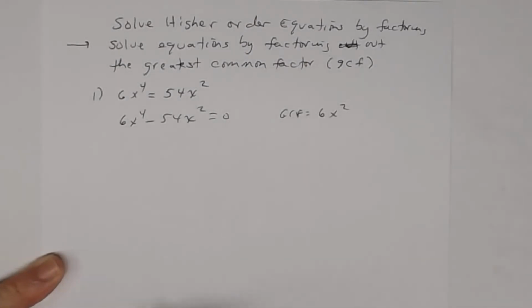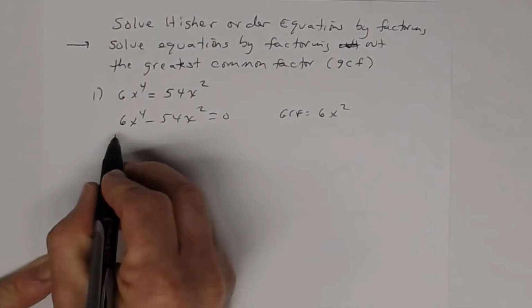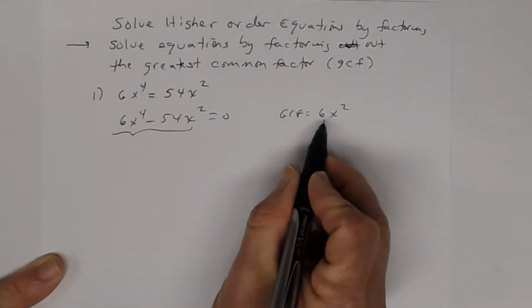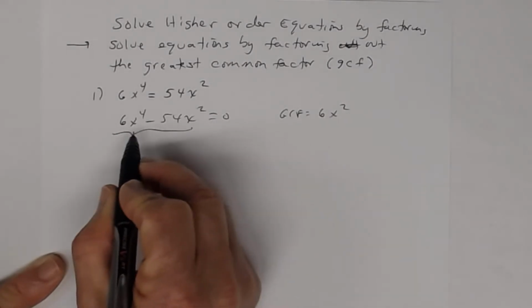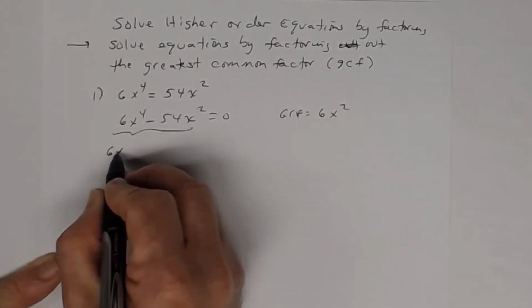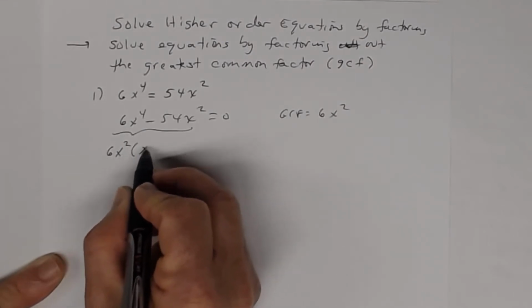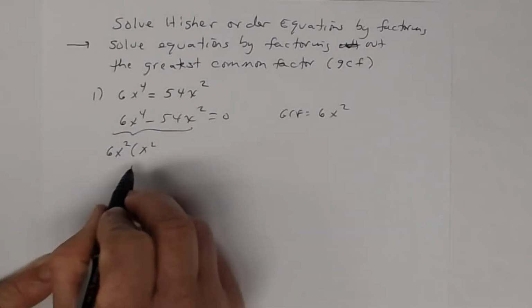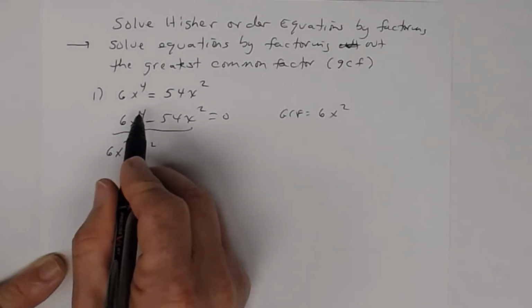That's the GCF. So what you're going to do now is rewrite this as the GCF times whatever's left when you factor out the GCF. So I get 6x squared times, and then 6x squared times x squared is 6x to the fourth. So remember, all you're doing is factoring out a 6x squared from this term.